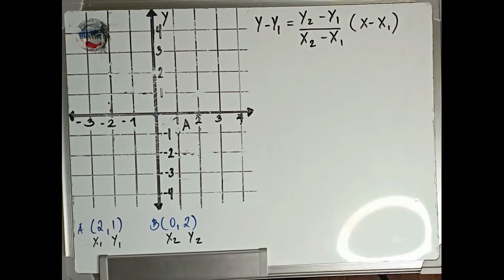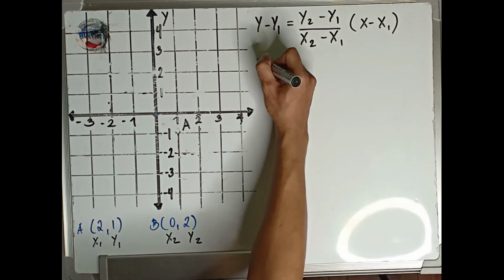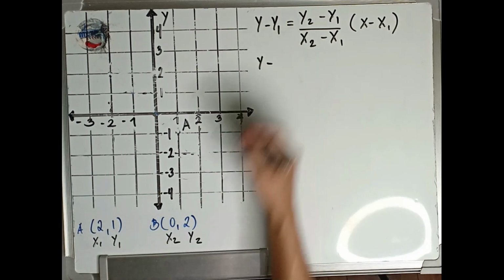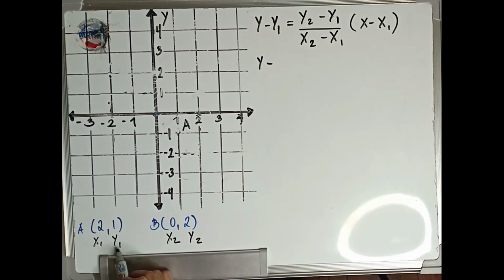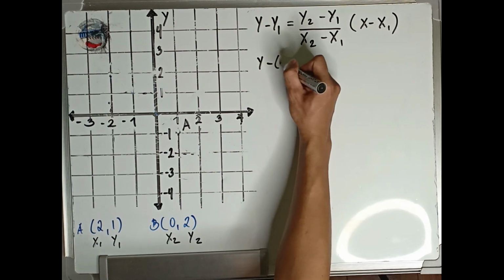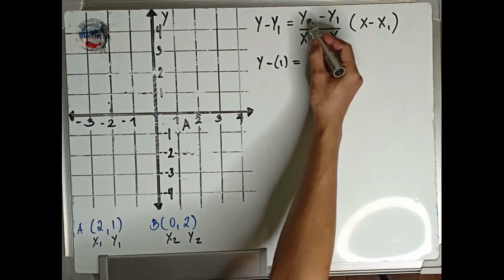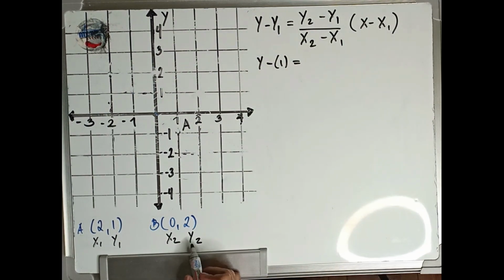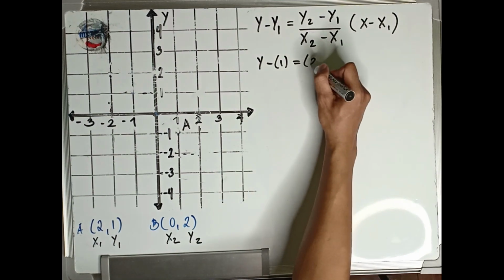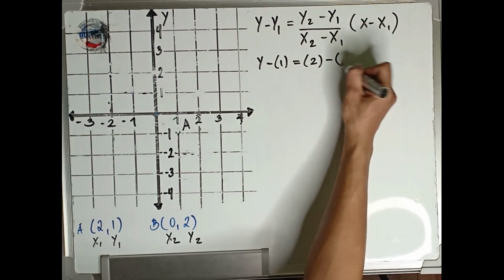Let us replace the given variables. Copy y minus the value of y sub 1, positive 1, equal to y sub 2, which is positive 2. Copy the subtraction sign.